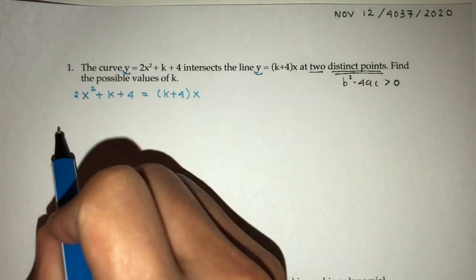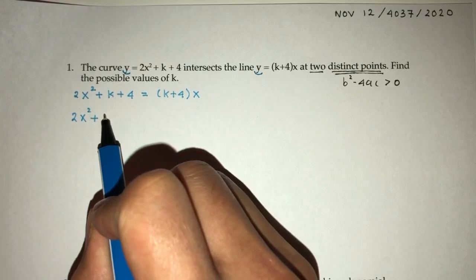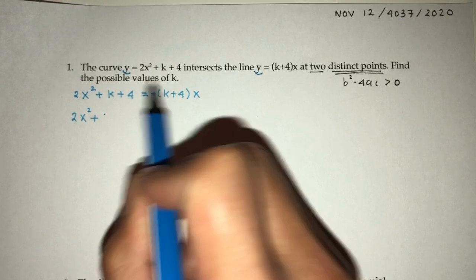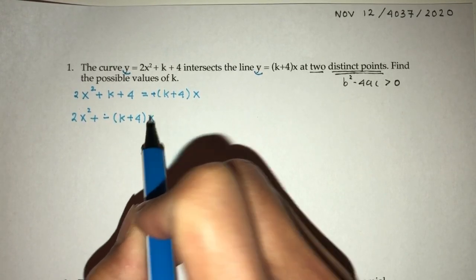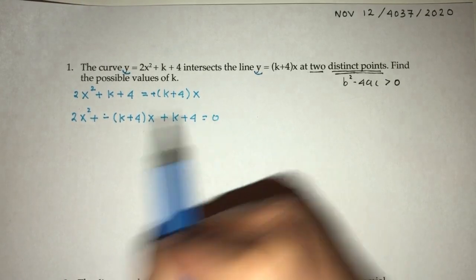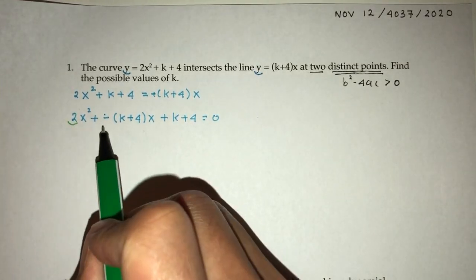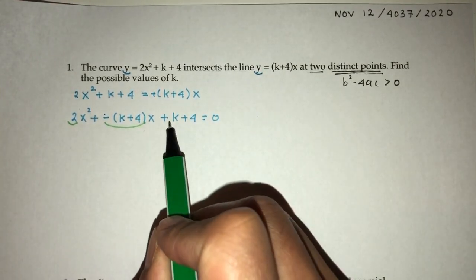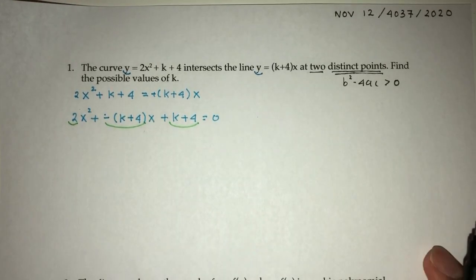Now send everything to one side, you will have 2x squared minus k plus 4x plus k plus 4 equal to 0. So now we can see that this is A, this is B, and this is C. So we will use b squared minus 4ac is more than 0.